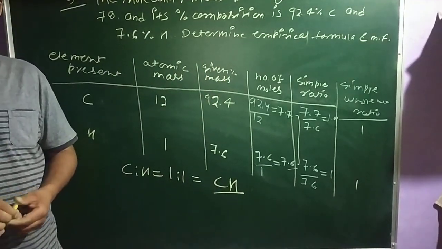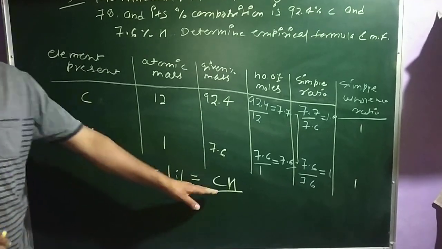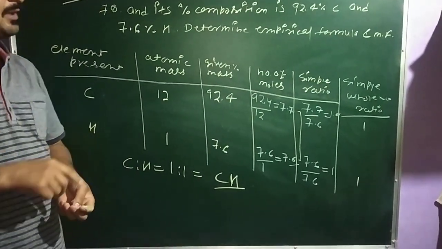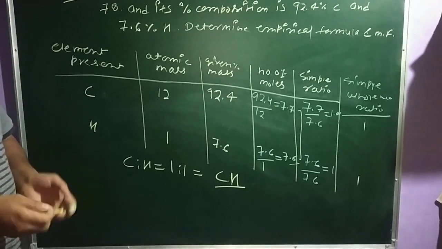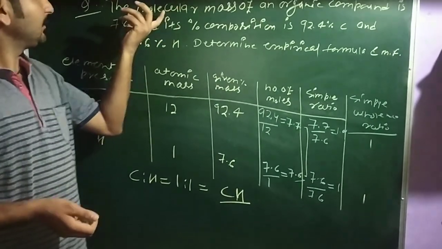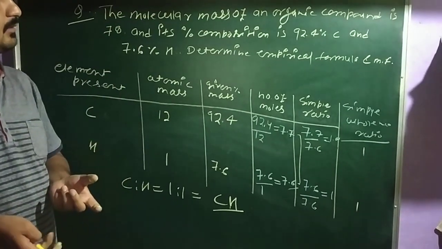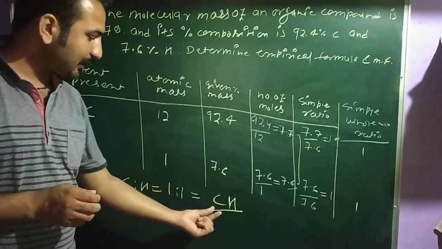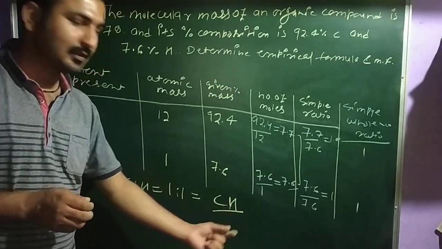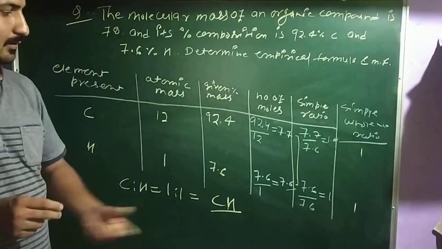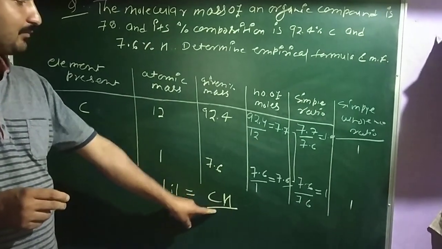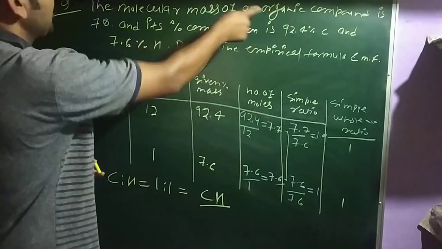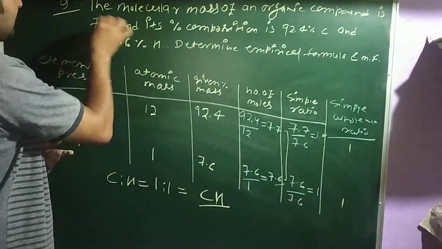Clear? Now this is the empirical formula. Second question is to find the molecular formula. The formula is the given upon total, the same thing. So first of all we calculate the molecular mass. Clear? And second you have the molecular mass of the organic compound is 78.